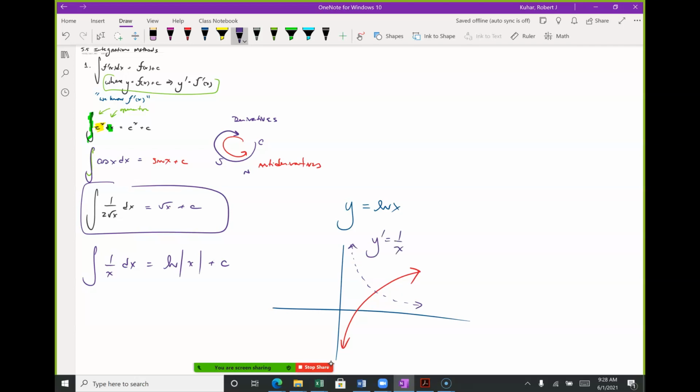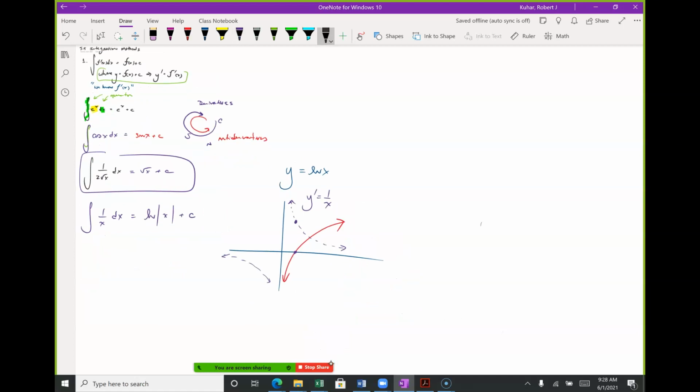Of course, 1 over x exists on both sides, but I don't care about the side with the negative domain because it's not in my original function anyway, right? If I want the slope at (1, 0), I get it from this height, right? So I don't care about the other part of 1 over x.